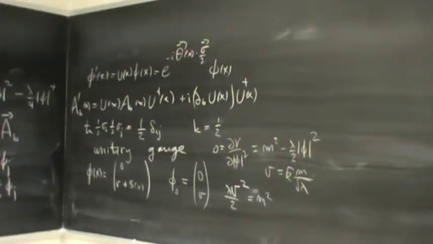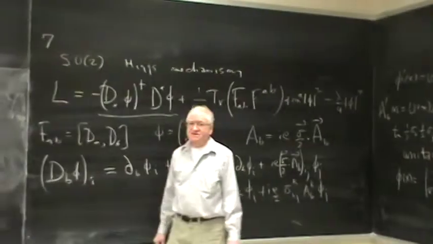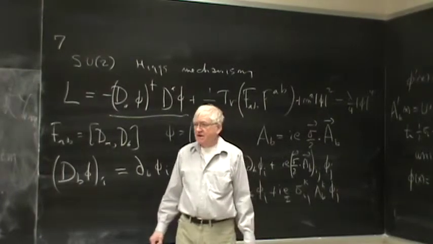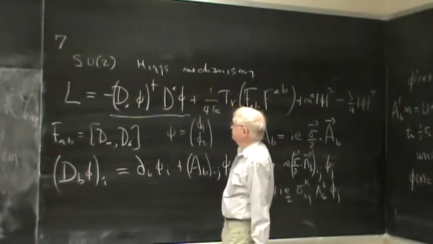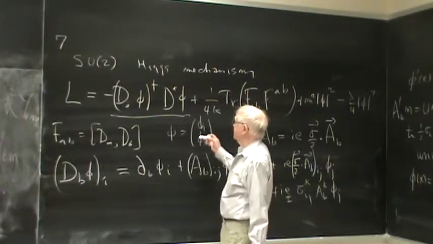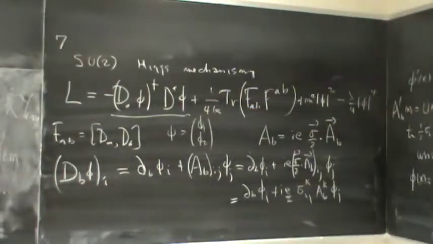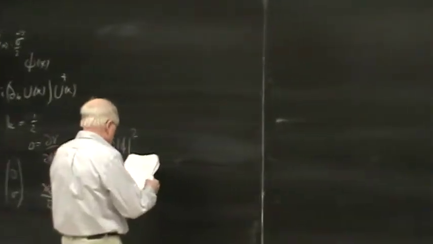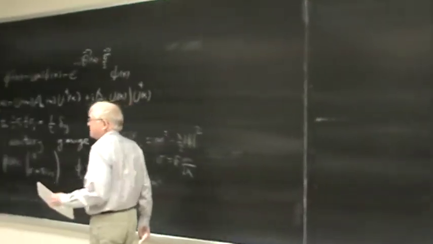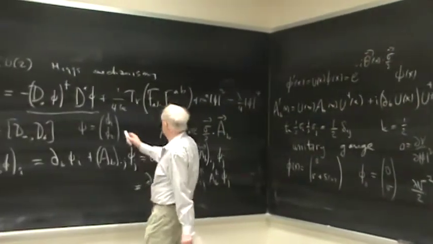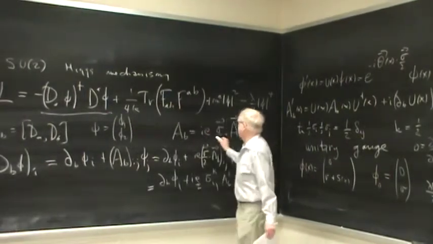All right, so now we focus upon this term and see what happens to the gauge bosons. And what we'll see is that we get mass terms for those gauge bosons, and the mass terms, of course, come from the gauge fields, from this thing here.